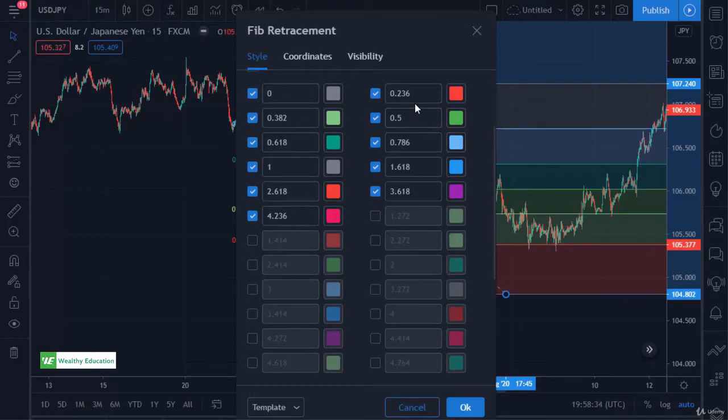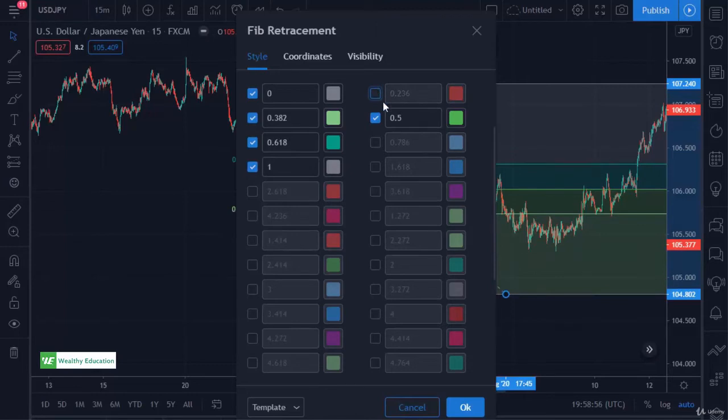So there are really only 3 major levels that most traders will use. So get rid of 4.236, 2.618, 3.618, 1.618, 78.6, 23.6. So at this point, you only have a handful of lines.